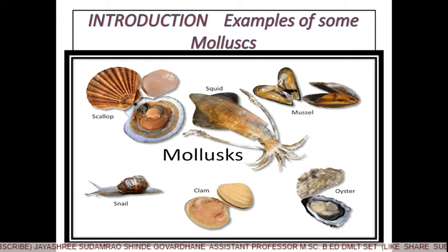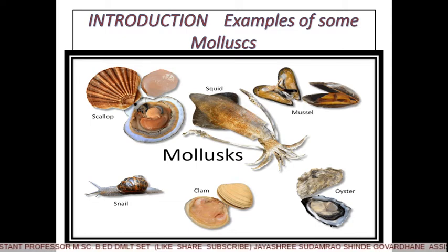After Arthropoda, phylum Mollusca is the second largest phylum of invertebrates and has nearly 80,000 living species and about 35,000 recorded fossil species.